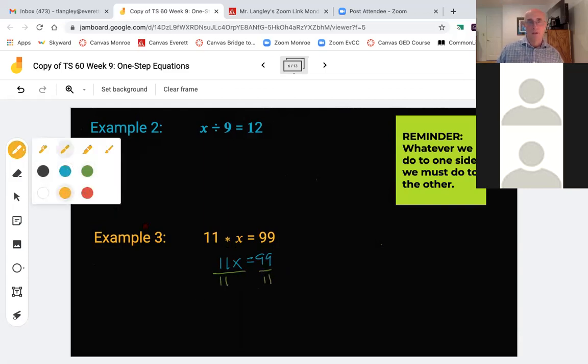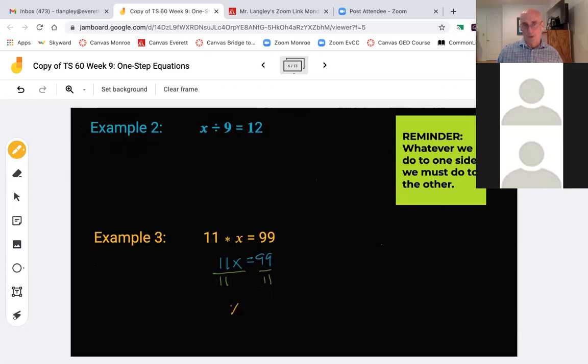That cancels out the 11s and makes it basically 1, which means I just have 1x, or just x, equals 9, because 11 goes into 99 9 times. So that's an example of using what they call the multiplication principle.